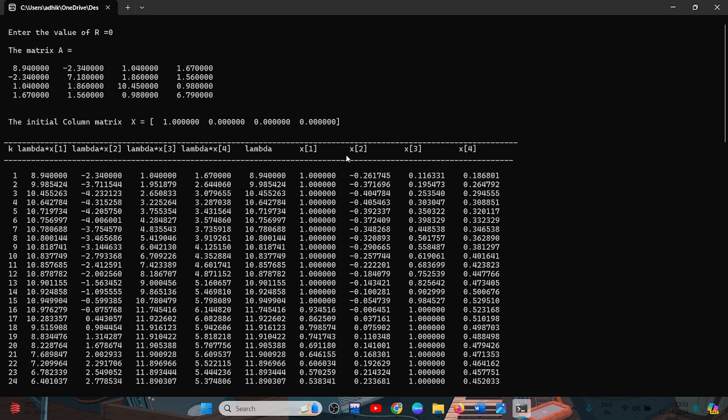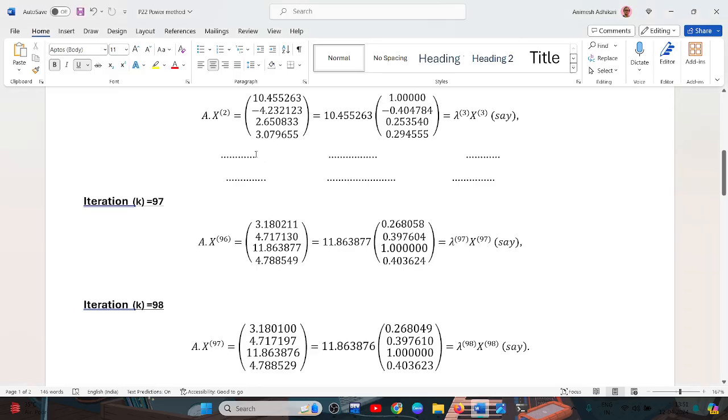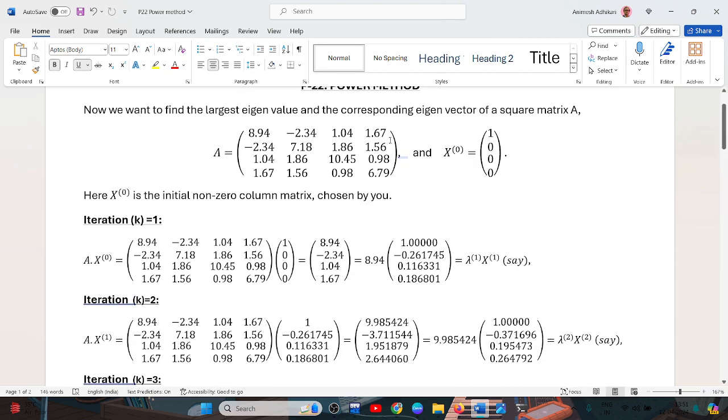For k equal to 1, this is the given matrix A into x, and we get lambda x1, lambda x2, lambda x3, lambda x4, from the given matrix A and the initial X matrix.